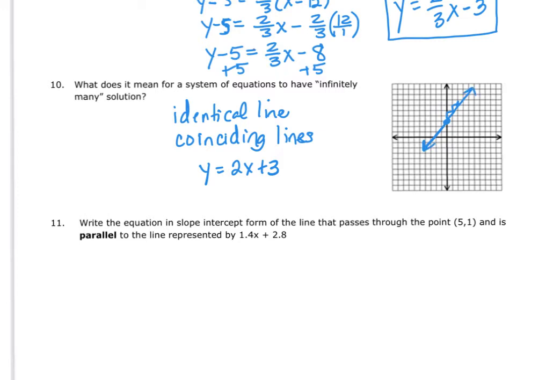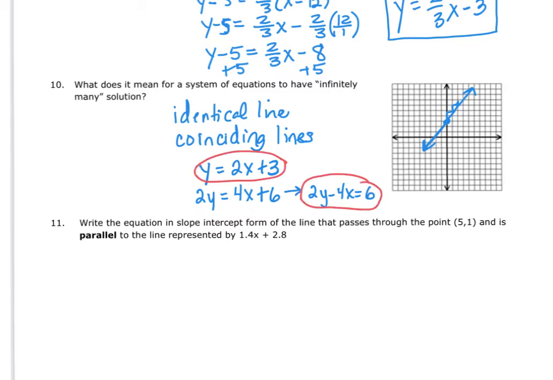I can have another equation where I multiply that entire equation by 2, and it would be 2y = 4x + 6. And maybe I manipulated this equation a little bit to make it look like 2y - 4x = 6. These two lines don't look like they're the same, but if I solve for y on the second equation, I would come up with 2x + 3.